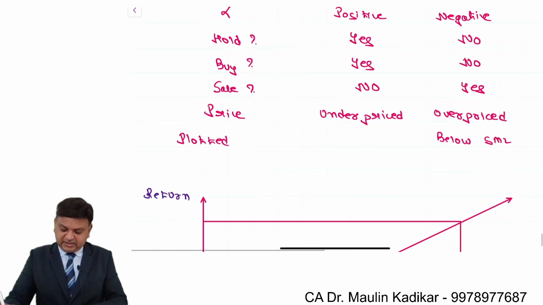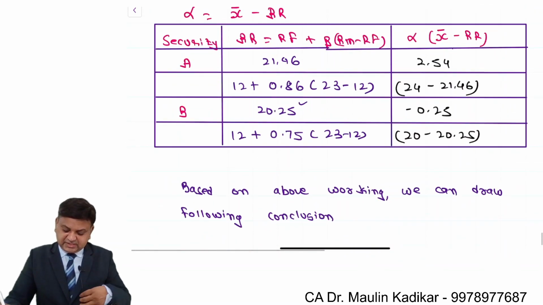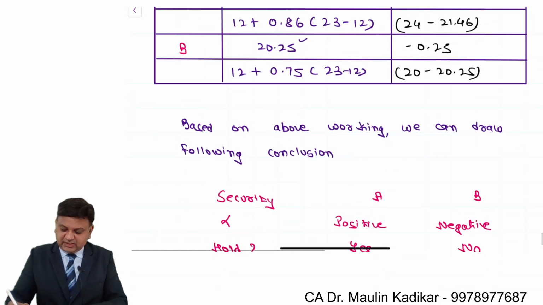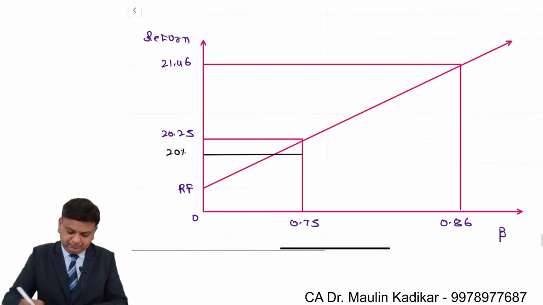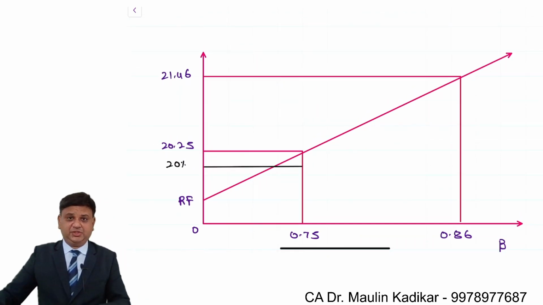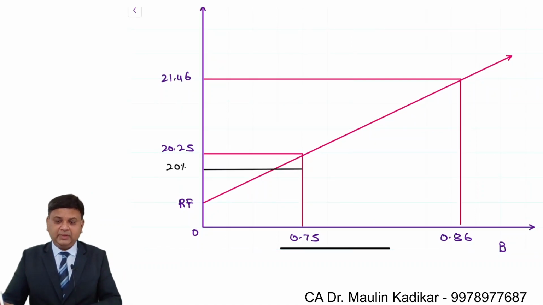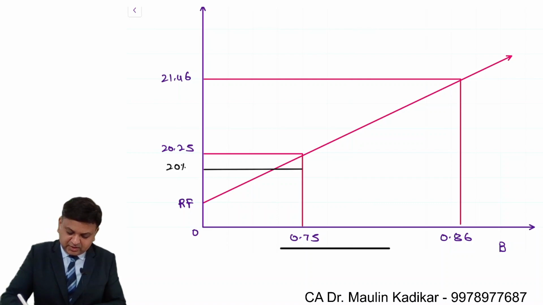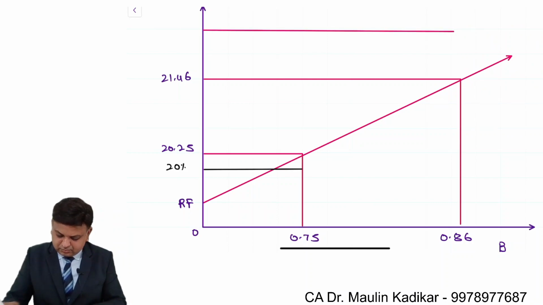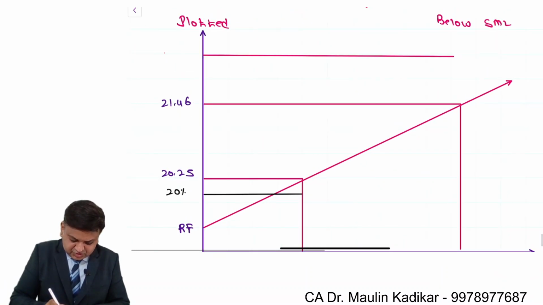Taking into account the beta 0.86, the required rate of return is 21.46. And the mean return is 24%. So the mean return is 24%, so it is plotted above the security market line, somewhere over here. It is 24 percentage.